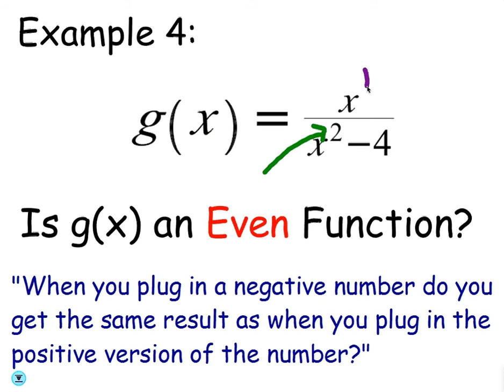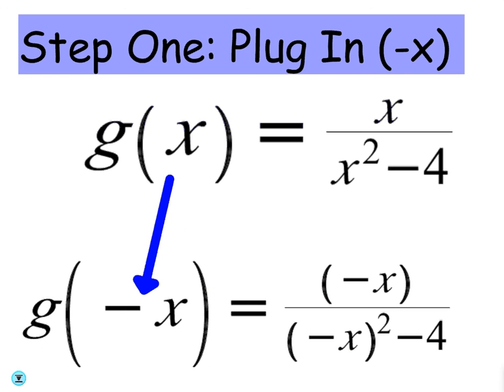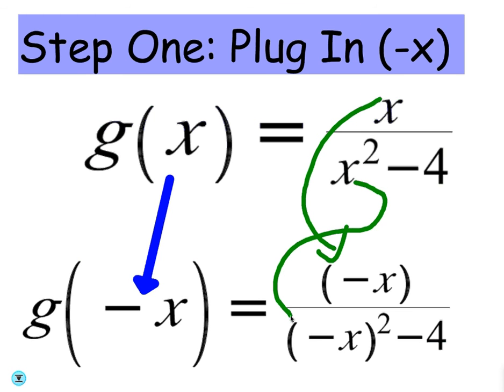So that's an odd power on the top and an even power on the bottom. We'll see what happens. I'm going to plug in negative x for every time there's an x. So plug in negative x there and plug in negative x there. So this one has 2 x's, so you're plugging in both the top and bottom. Make sure you put it in parentheses.